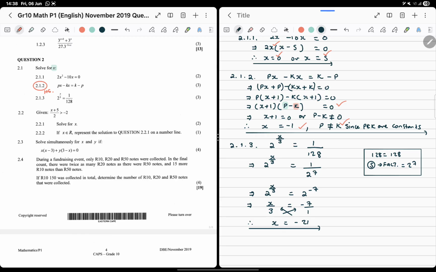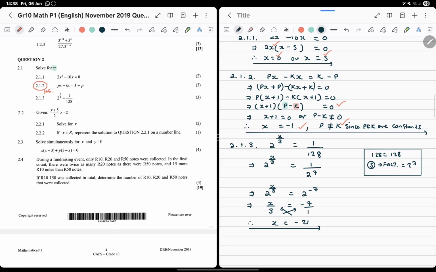So what do we need to do? We take back the value into the original. 2 to the exponent, we put 27 over 3. Not 27, sorry, 21 over 3. Was there a negative? No?